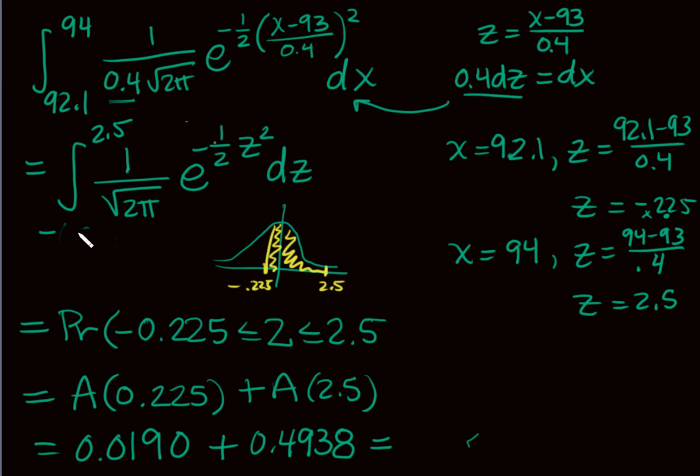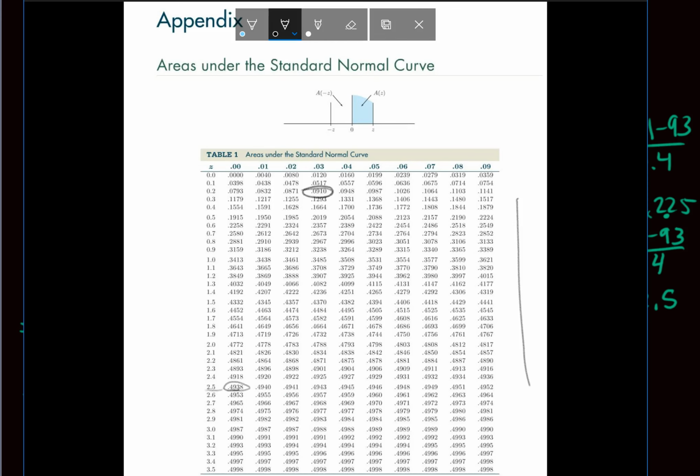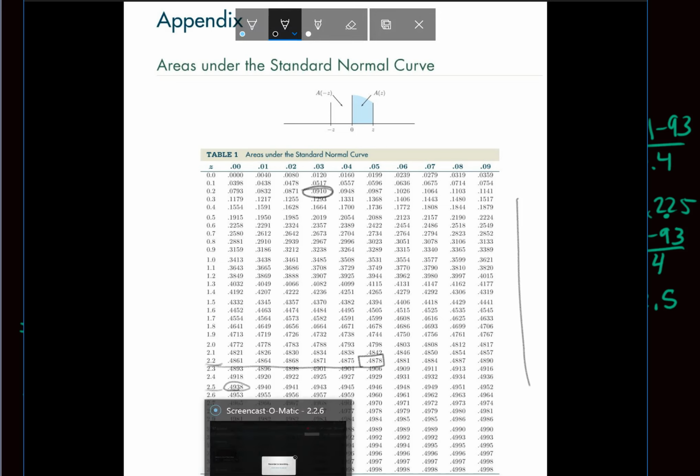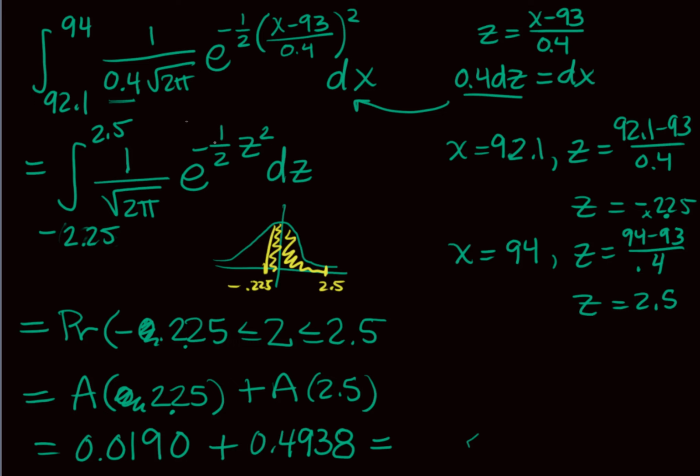This is 2.25, so negative 2.25. Let's go back to here. Sorry about that. There's my 2.2, and I want to go all the way over until I hit 5. 0.4878. Sorry about that. But you know what? Everyone does it.